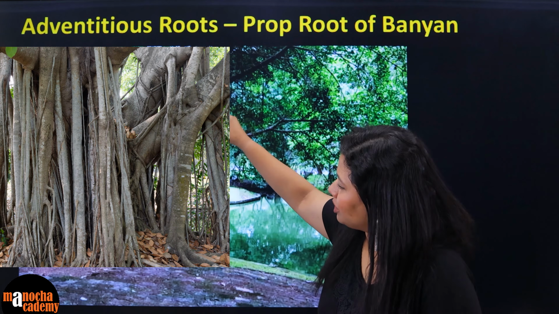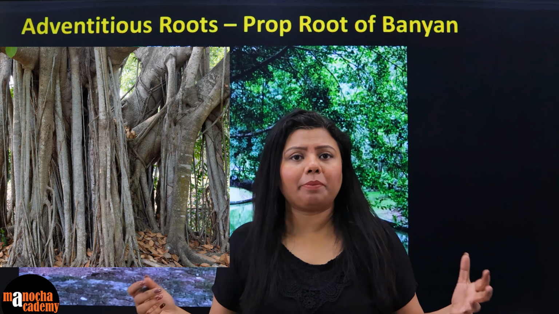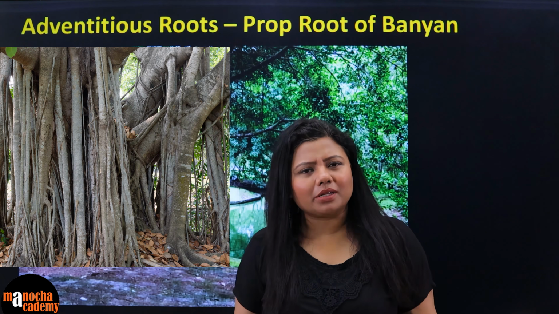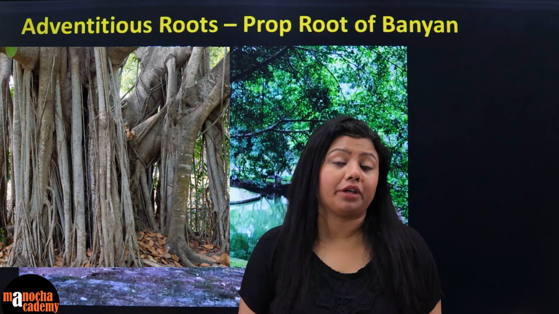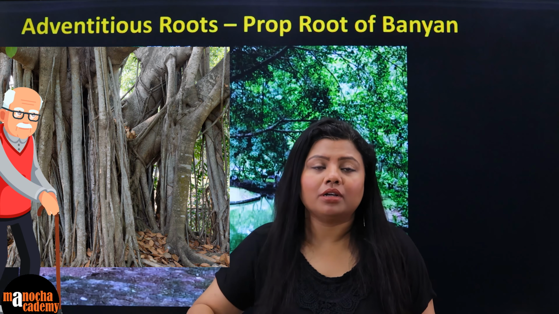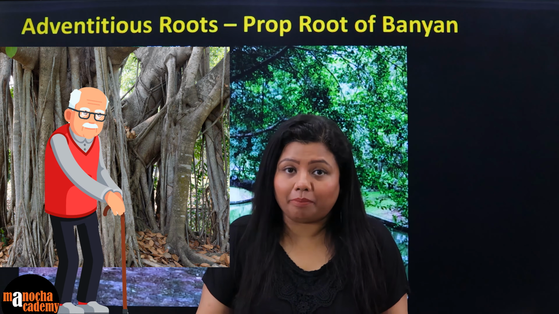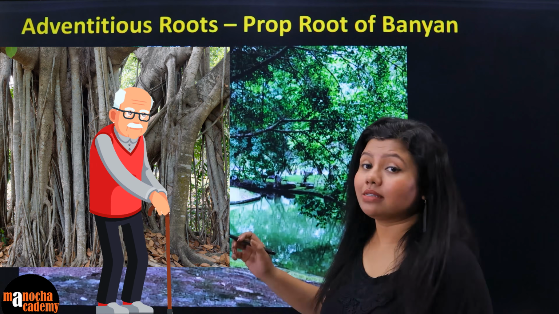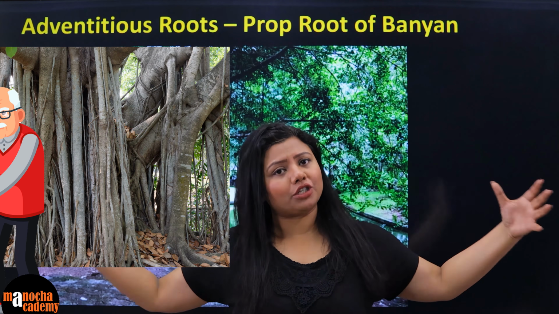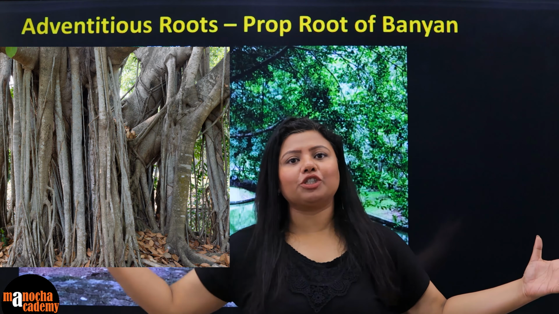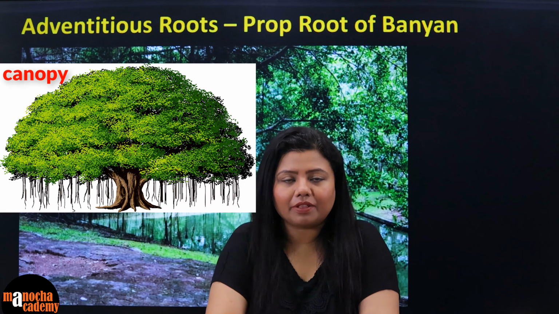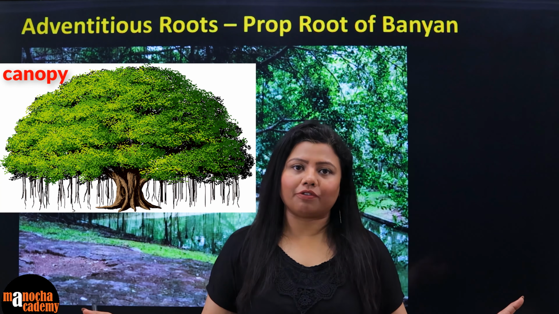And these prop roots, they are known as props because what are props? Props are something that we use as a support. So just like a very old person sometimes, or if I have broken my leg, I might need a crutch or something to support my body on while I'm walking. Similarly, in case of banyan trees, their branches spread so much that the top, which is known as the canopy, becomes very heavy for that single stem and the single root to take the weight off.